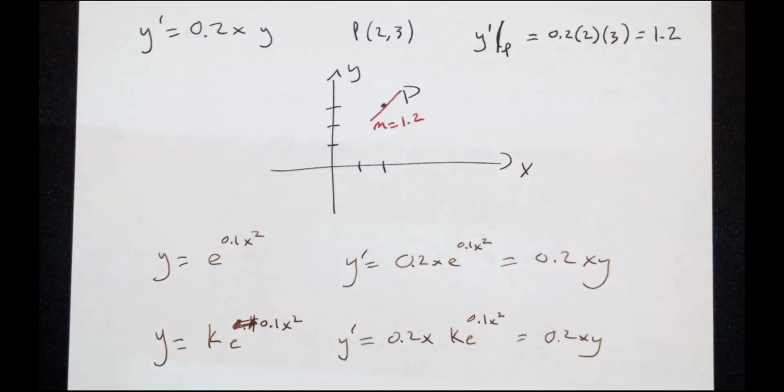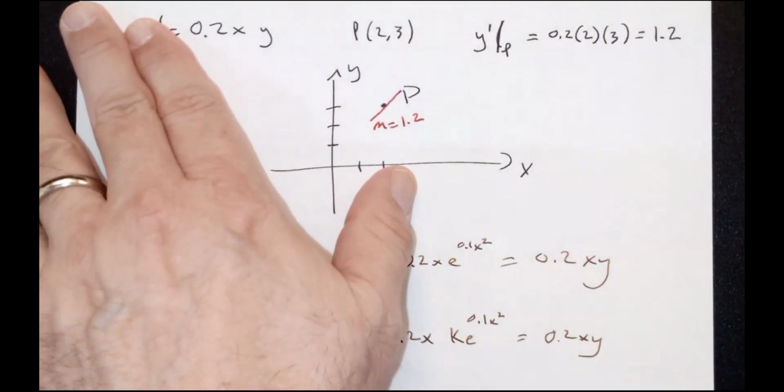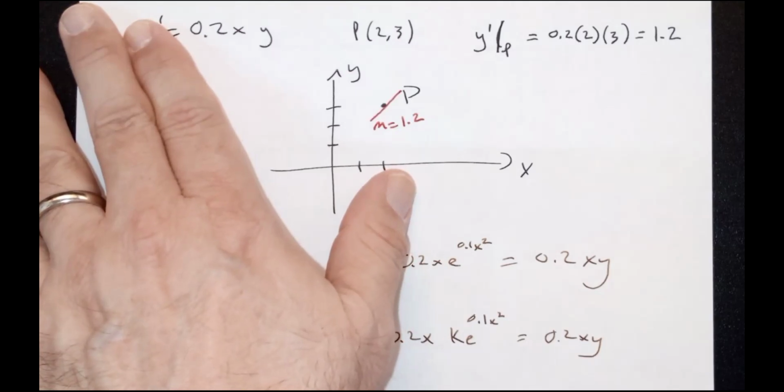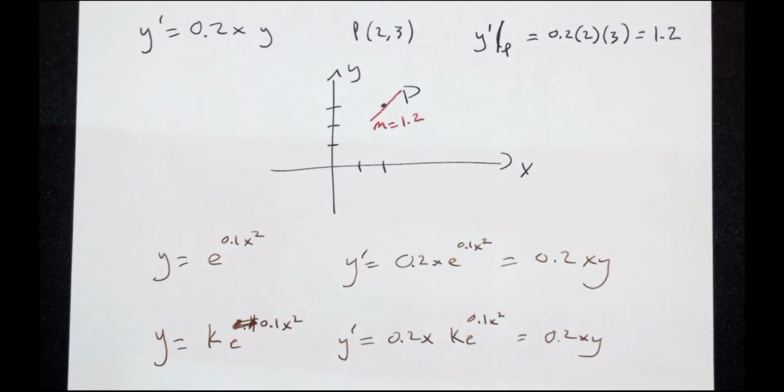Polynomial. How about the partial derivative with respect to y? What's the derivative of this function with respect to y? 0.2x, which is continuous everywhere. Means my interval is minus infinity to infinity. This is going to work no matter what point you pick.